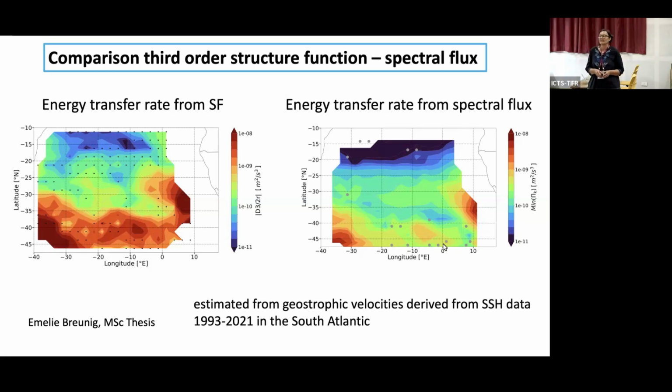They're supposed to measure similar things, but they don't necessarily have to give you the same results. They give you similar patterns, but the magnitude is difficult to compare. In theory it should be the same, but even the sign is not consistent. So you have to be really careful with the interpretation, even of the sign of the third order structure function.